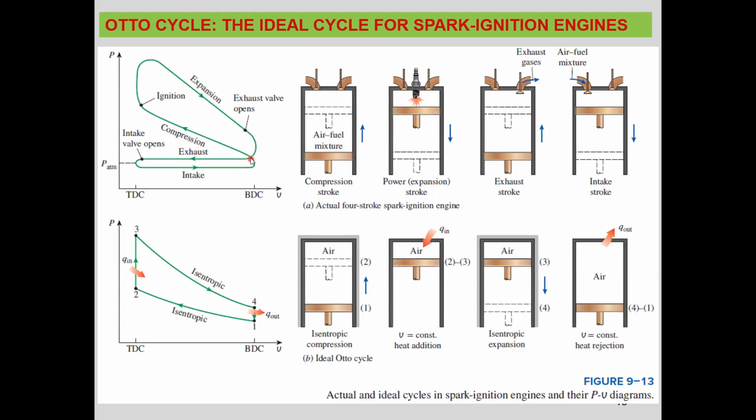Then from bottom dead center to top dead center, the exhaust stroke, the exhaust valve is still open, and slightly before top dead center the intake valve opens and the intake air-fuel mixture enters the cylinder. Then you have the intake stroke, the intake valve is open, the piston goes from top dead center to bottom dead center, and the intake air-fuel mixture enters during this stroke.